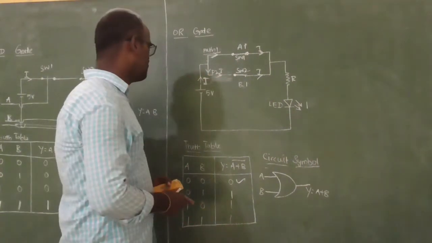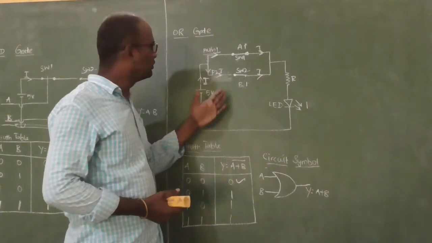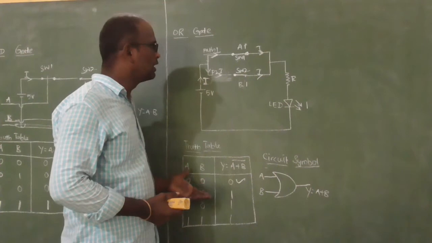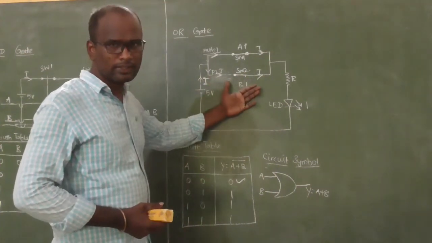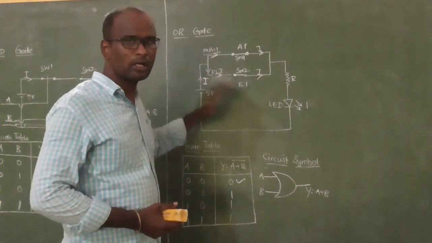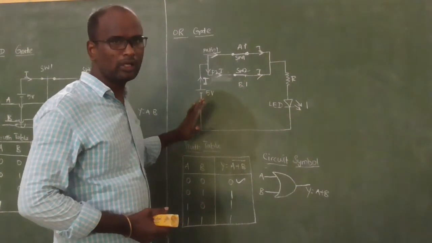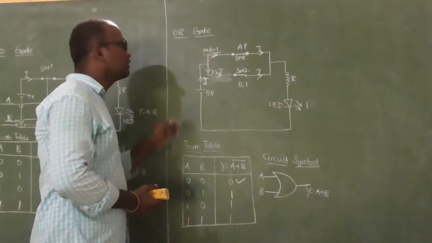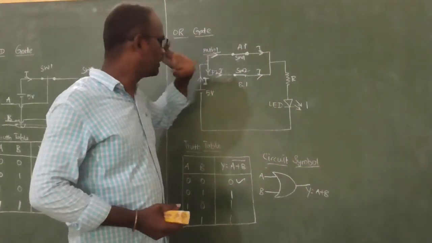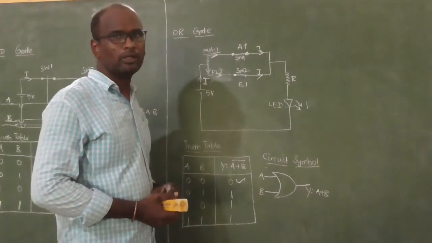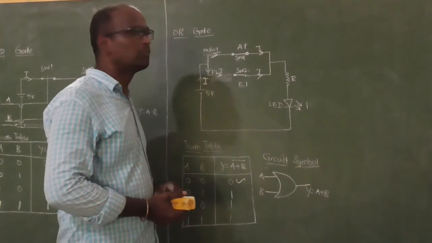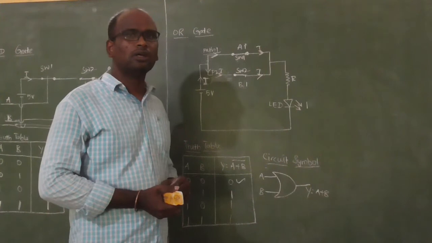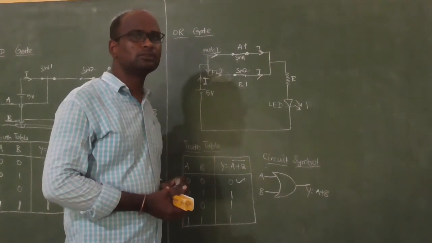So this circuit will satisfy the logical truth table of the OR gate, so therefore we can consider this circuit as an OR logic gate. Why these logic circuits are called gates is because of these switches. The switches provide closed path and open path for the current, so that it is like a gate.